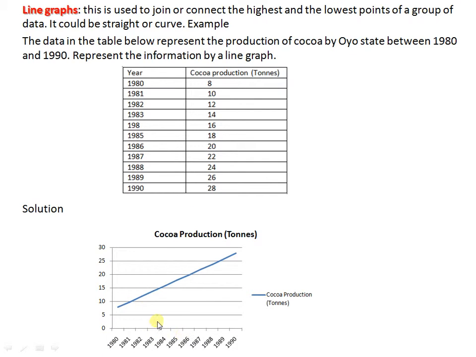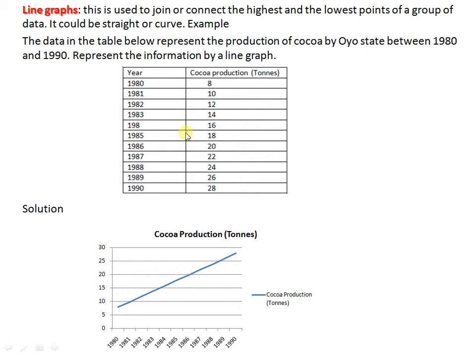So in 1980 we have 8 tons of cocoa being produced. In 1981 we have 10. So this graph is simply showing us a straight line graph that explains what is in here.